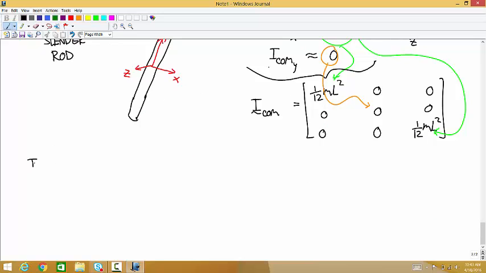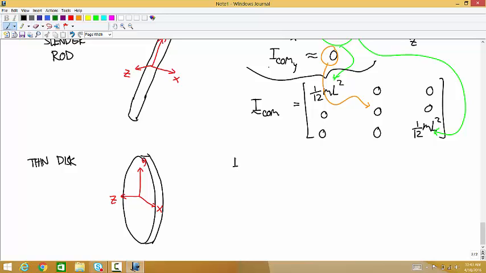Then for a thin disk, if that's x, y, and z, the moment of inertia, all of these about the center of mass, rotating about the x-axis is the same as the moment of inertia rotating about y, and that's equal to mr squared over 4.